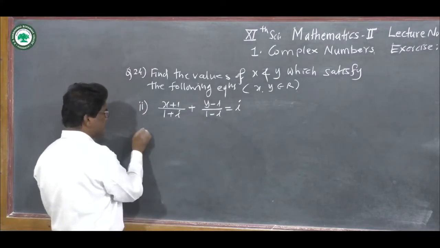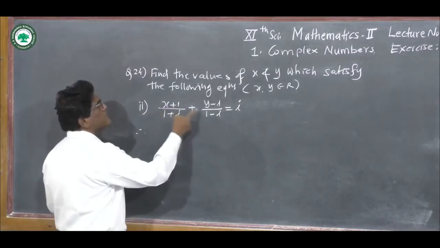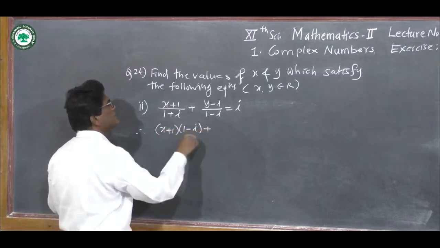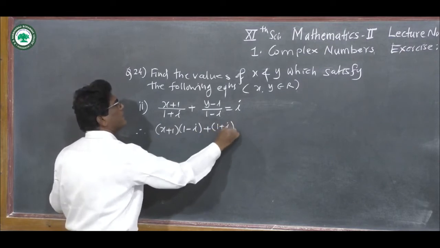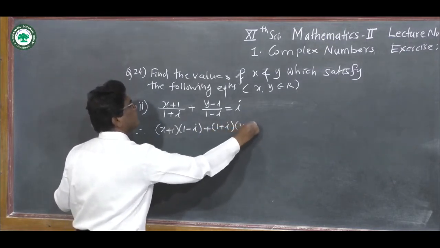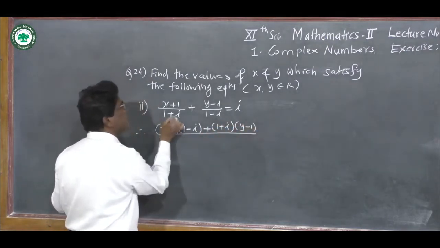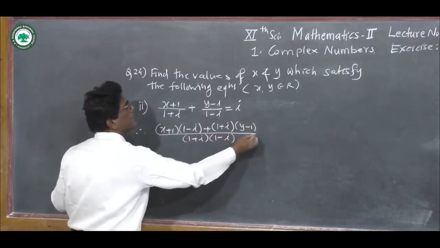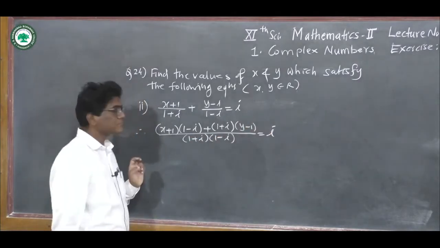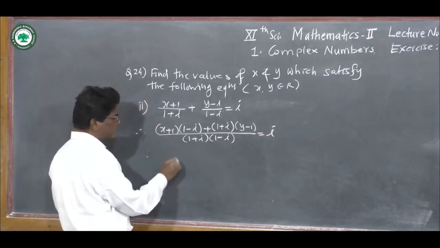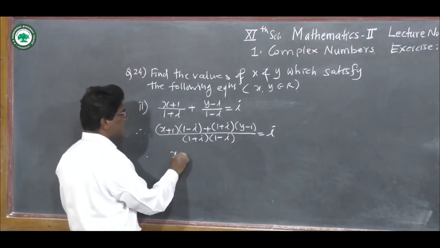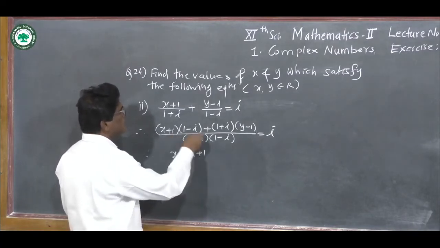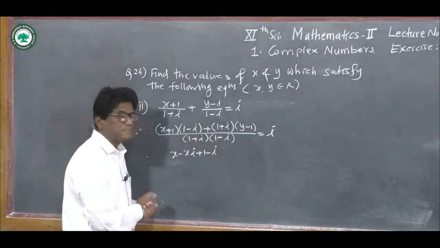So it is equal to (x plus 1) into (1 minus i) plus (1 plus i) into (y minus 1), divided by (1 plus i) into (1 minus i), and the right hand side is i. Take the product: x into 1, x into minus i, minus xi, plus 1 into 1, 1 into minus i, minus i.